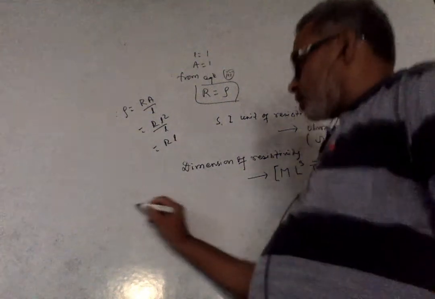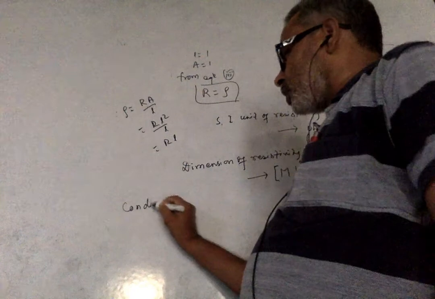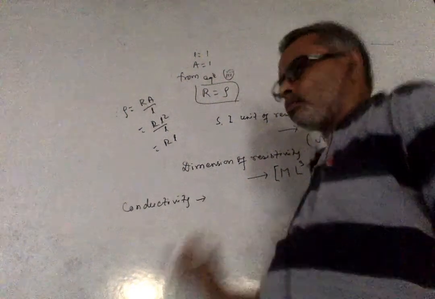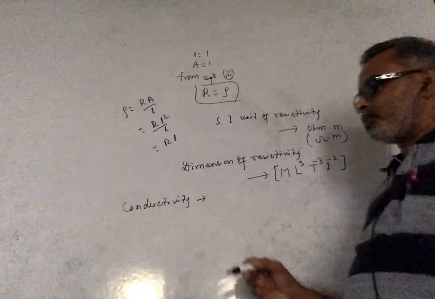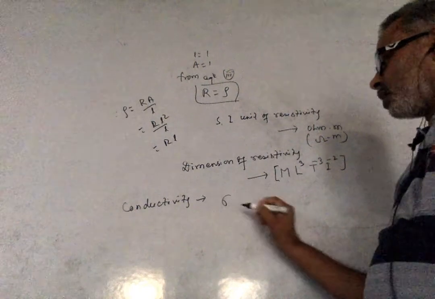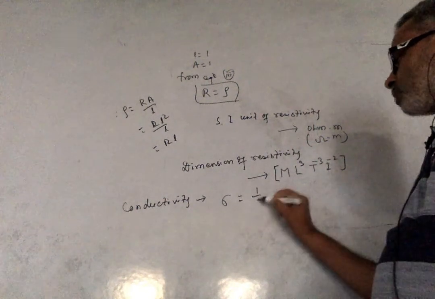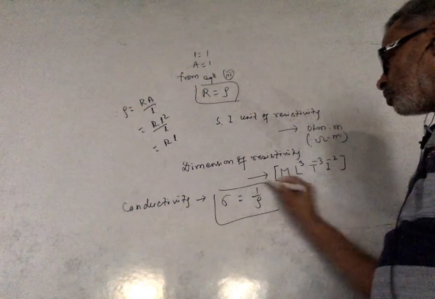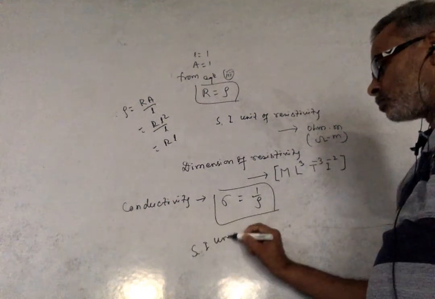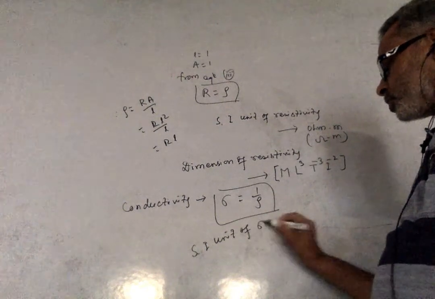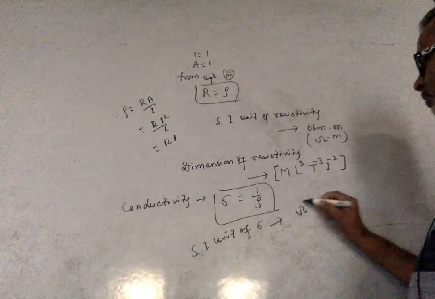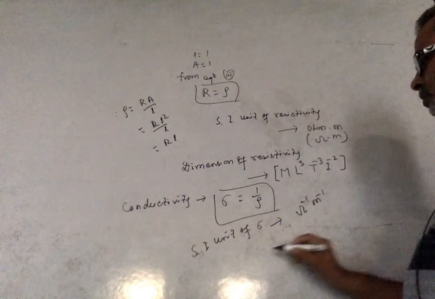The next term is conductivity. The reciprocal of resistivity is called conductivity. It is denoted by sigma. That is sigma equals 1 by rho. SI unit of sigma: ohm inverse meter inverse.